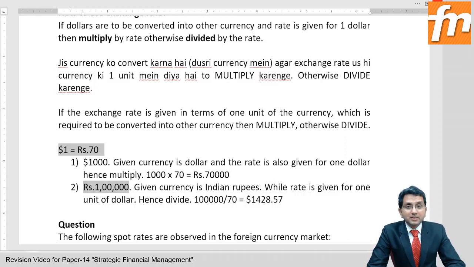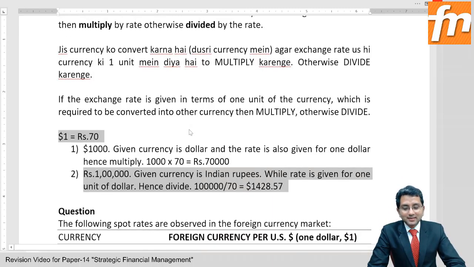If the exchange rate is given in terms of 1 unit of other currency, that is dollar, divide by this rate. So if you want to convert Indian rupees into dollars and the rate is given for $1, divide by the rate. So 1 lakh rupees divided by 70 will give you $1,428.57.